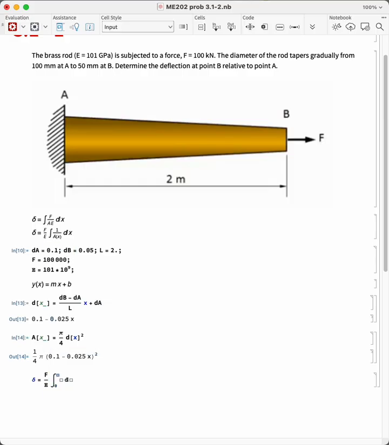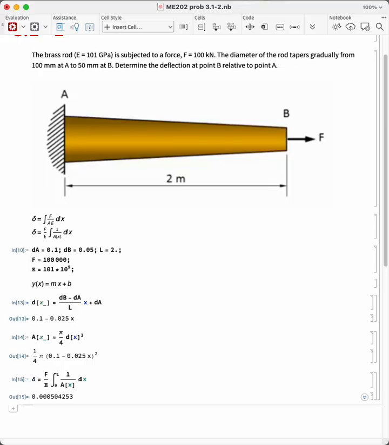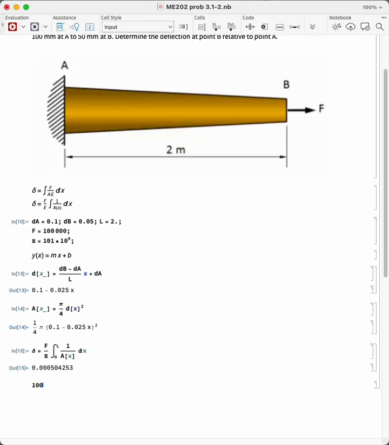That's going to go from 0 to L, and we're evaluating 1 over A of x with respect to x, like that. If I multiply that by 1,000, then that is my deflection in millimeters. So 0.504 millimeters is the final answer.